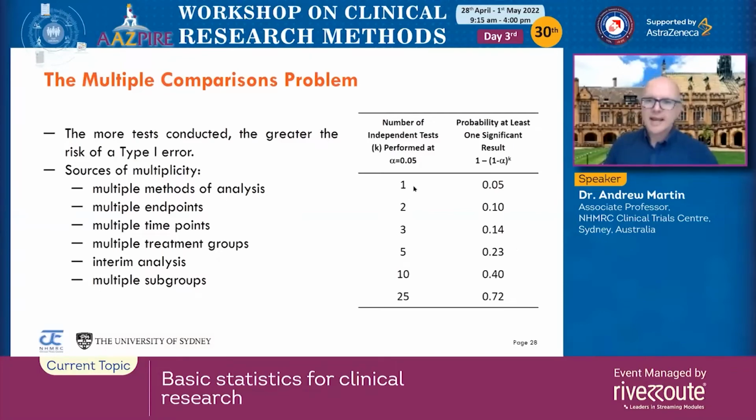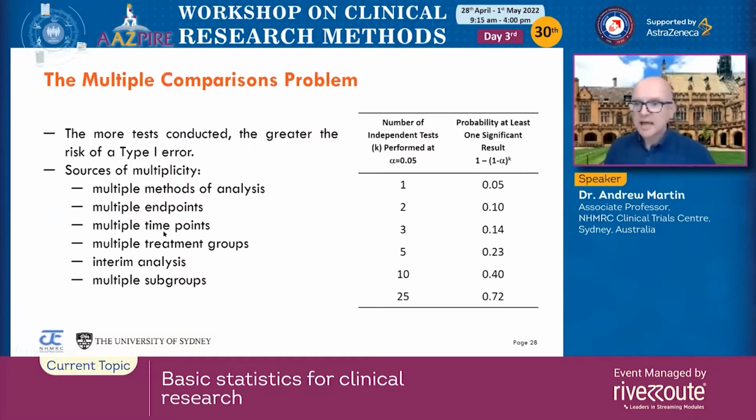So how is it we can end up with multiple p-values in a clinical trial or in clinical research in general? Well, it may be that we've got multiple analysis approaches, so different ways of analysing the same data set, techniques that give rise to slightly different p-values when applied to the same data set. It may be that we've got a study where we have multiple endpoints, and so we're making comparisons between the two groups on different endpoints.